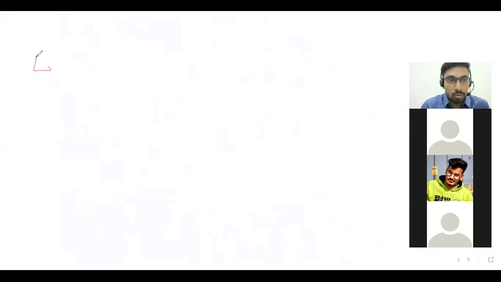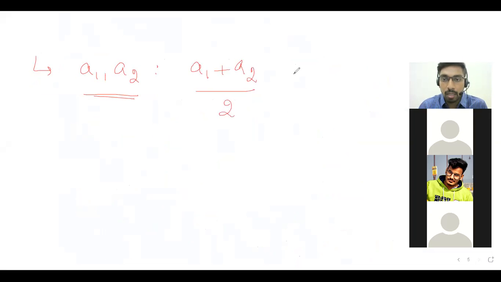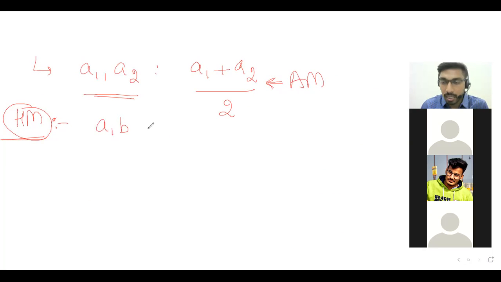I already told you if A1 and A2 are in arithmetic progression, then A1 plus A2 upon 2 will be the arithmetic mean for this. Now we need to calculate the harmonic mean for any sequence. Suppose A and B are 2 numbers which are in HP, harmonic progression or harmonic series.